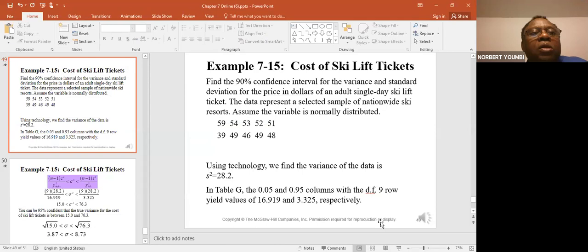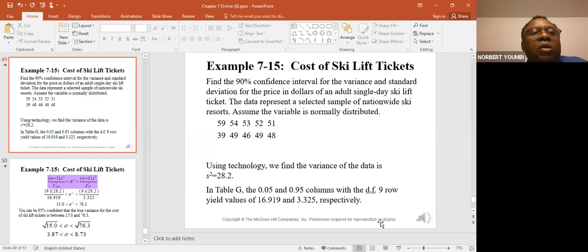To find the variance, we square the standard deviation to get roughly 28.2. So this is what we need. Sample size is 10, n minus 1 is 9, the degrees of freedom. Confidence level 90%, so we will choose 0.95 and 0.05.